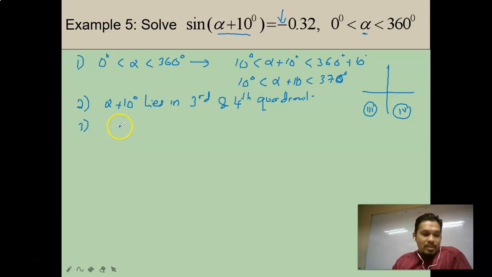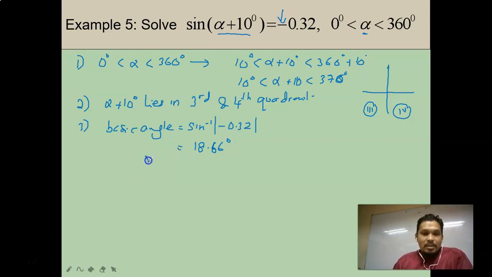So the basic angle is equal to arcsine of negative 0.32, which is equal to 18.66 degrees.